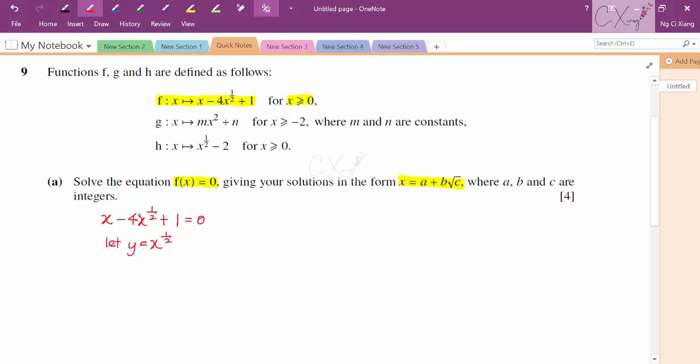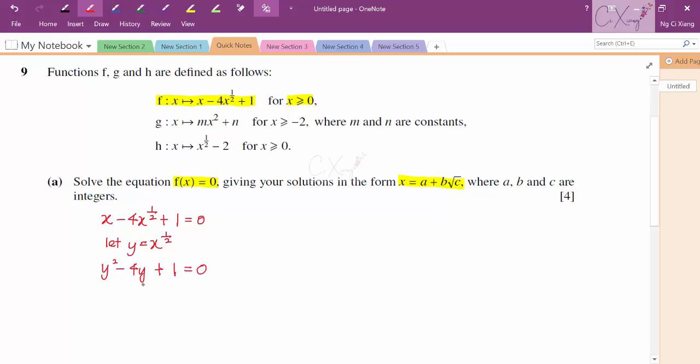If you can see the variable clearly, you need not change it. If you cannot see it, just let y equals square root x, and for x you have square root x squared, therefore I have y squared minus 4y plus 1 equals 0.